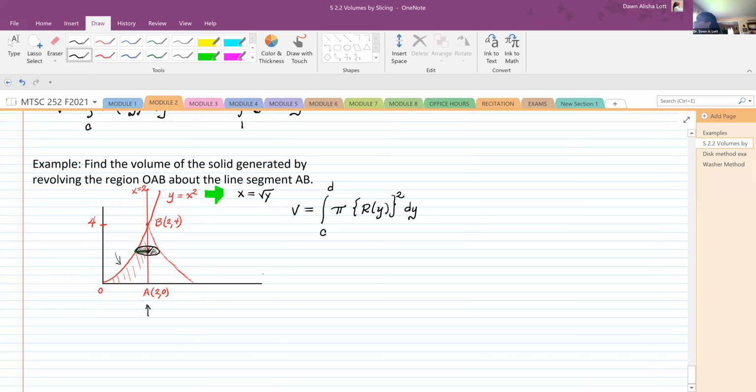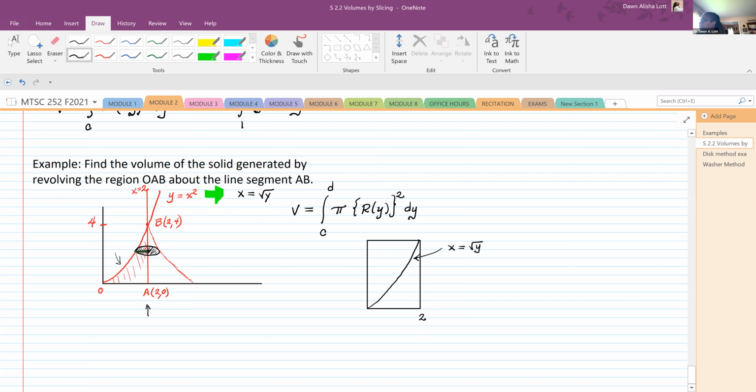So notice what I have, guys. I'm just going to draw it real quick. Okay, so this is x is equal to 2. And then this is x is equal to the square root of y.